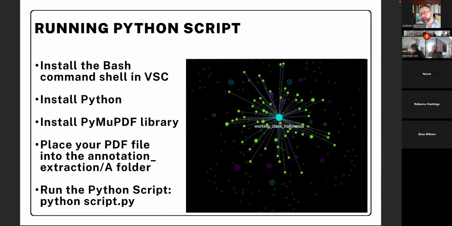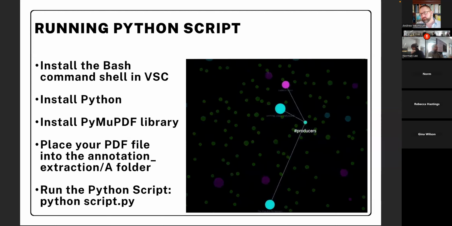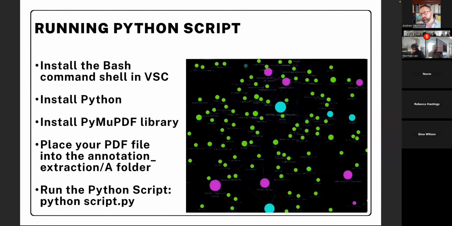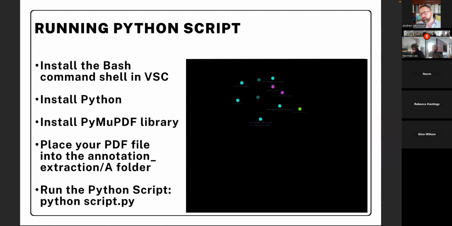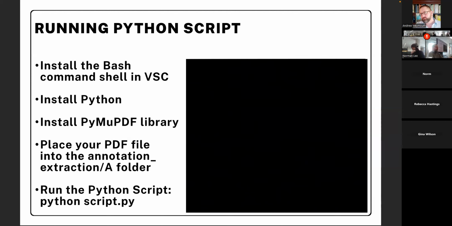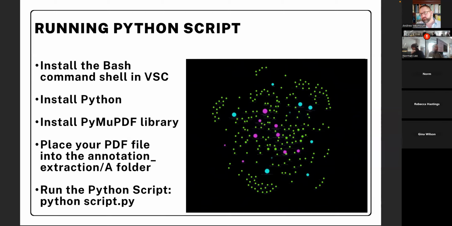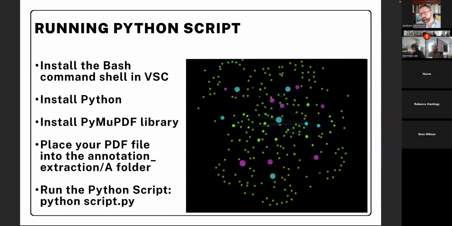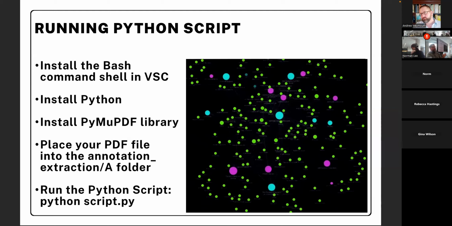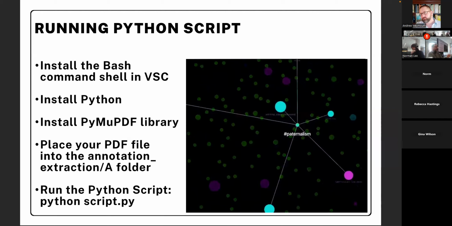And then the third step is installing the required packages for this one. And so that's re, os, and that PyMuPDF library that I mentioned earlier. Then you're basically set up. So now you're going to organize your folders by dropping in the PDF file that you want to extract those highlights from into the A folder in your repository.